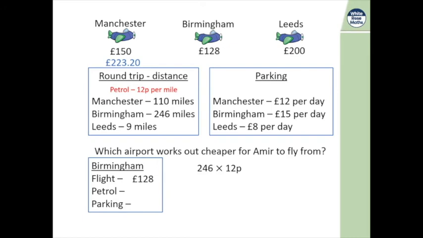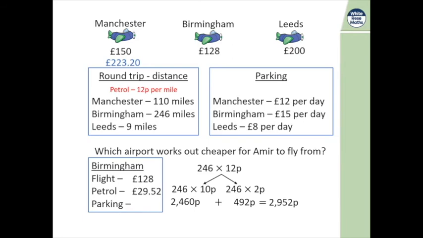I'm going to do 246 multiplied by 10 pence, which is 2,460 pence, and then 246 multiplied by 2 pence, which is 492 pence. When we add those together, we get 2,952 pence. Remember to convert to pounds and pence by dividing by 100. So the cost of petrol is £29.52.